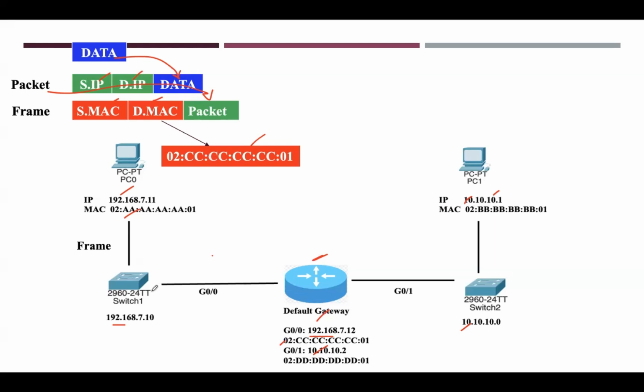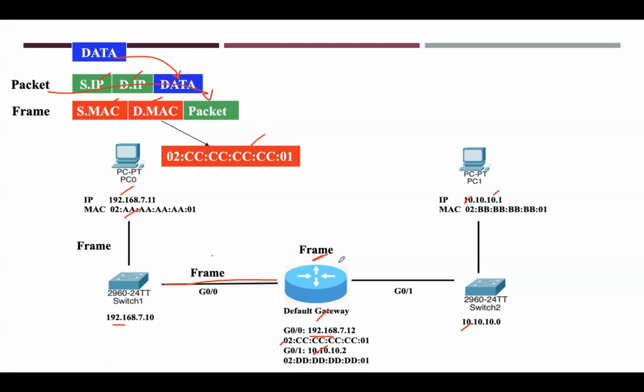So it will just forward the frame to the default gateway, right? The switch receives that, finds the MAC address of the default gateway and then forwards that frame to the default gateway. Whenever the default gateway receives a frame, it checks the MAC address. The MAC address placed in this is its own MAC address, right?